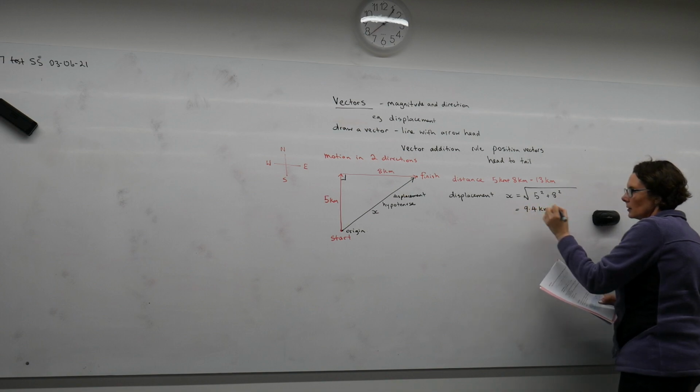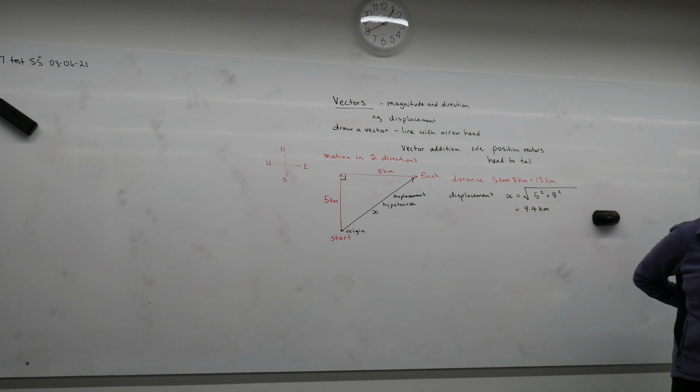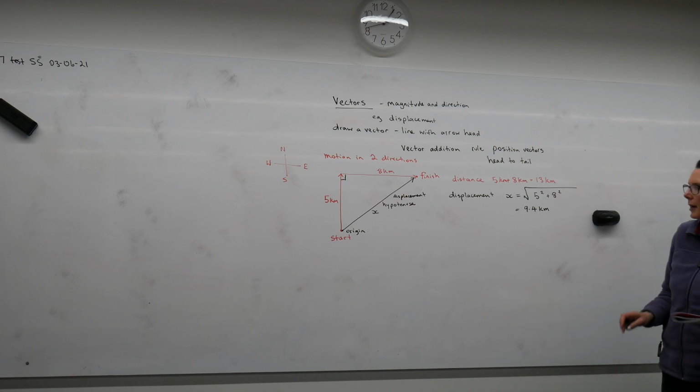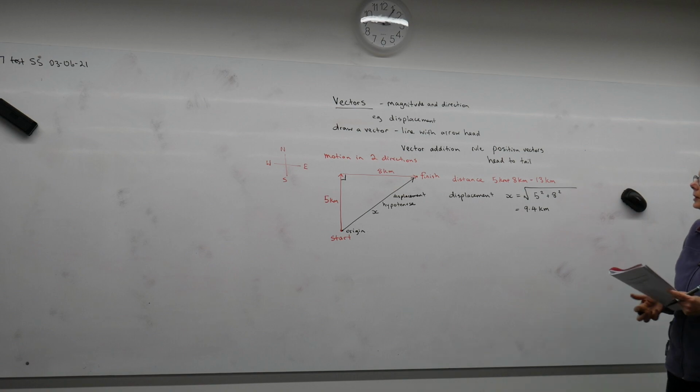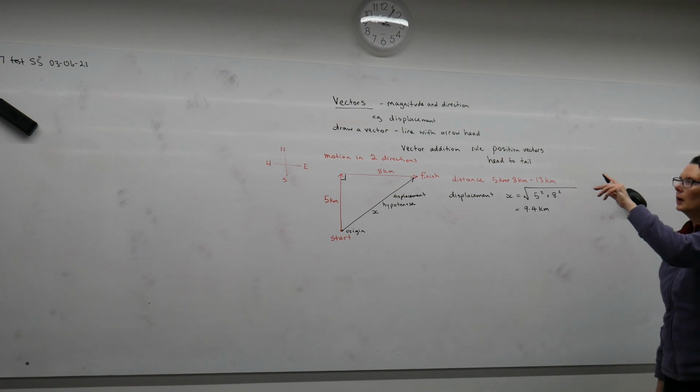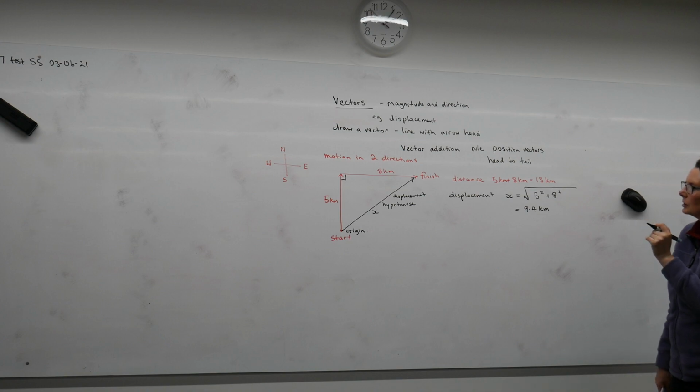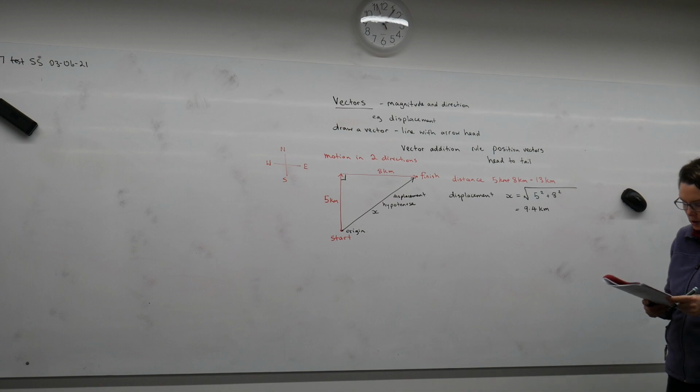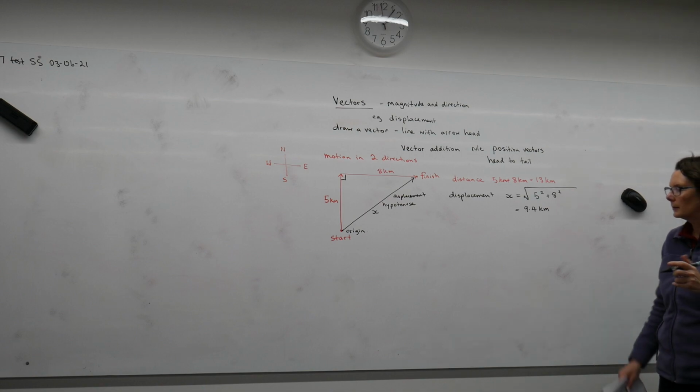Now, that is the length of the vector. So remember, our vectors have magnitude and direction. So we've found out how long it is now, but we need to know direction.